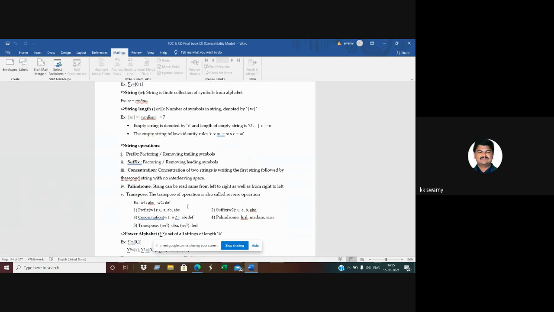Now the suffixes are: epsilon, and epsilon is a prefix, suffix and substring for every string. Next is C, and next is BC. That is not ABC, sorry. Here this is BC.